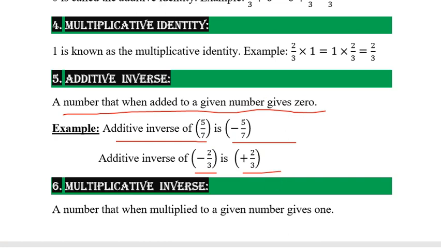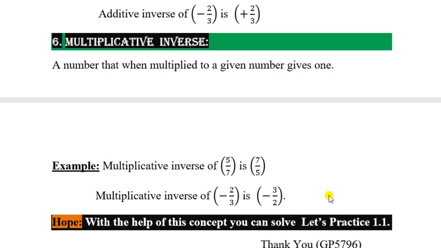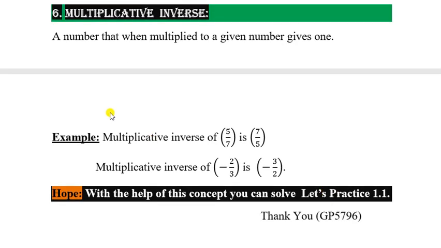But for multiplicative inverse, again we can check here: a number that when multiplied to a given number gives 1, because we know the multiplicative identity is 1. So for multiplicative inverse you have to make 1 only. That means for multiplicative inverse we have to write the reciprocal of the given number. The multiplicative inverse of 5 by 7 is equal to 7 by 5.